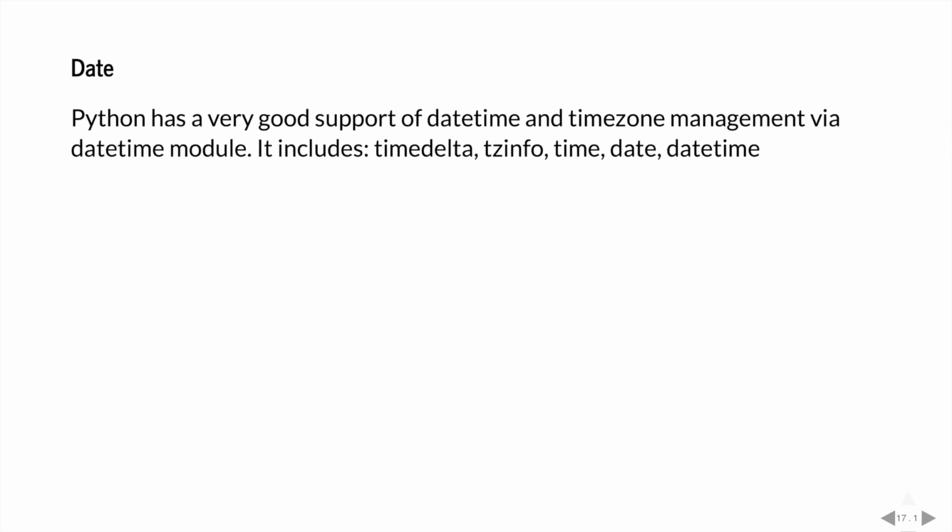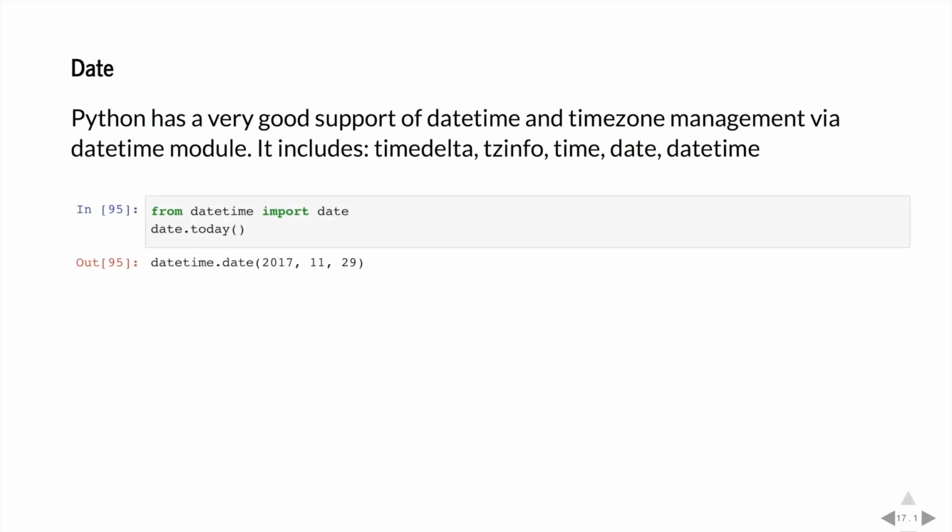Okay, datetime. Datetime is actually a module called datetime. It has these five key classes: timedelta, timezone, tzinfo, time, datetime, and date. And then you import, for example, if you want to use date only: from the datetime package, the module, import date.